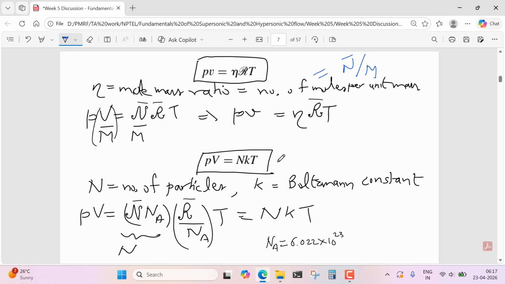So if you see the previous expression, PV equal to n bar R bar T, if we divide both sides by n, where this V is specific volume, then it becomes PV upon n equal to n bar upon n R bar T. And this n bar upon n is eta, and V upon n is specific volume. So we get PV equal to eta R bar T.